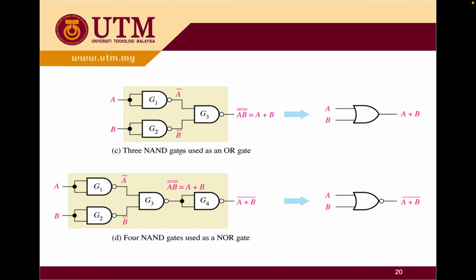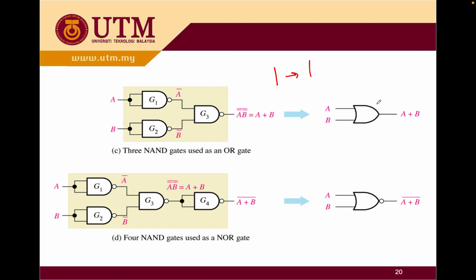After this, you're going to learn about the NOR gate. So please make sure you remember everything. One NAND gate can be represented as one NOT or one inverse gate. When you have two NAND gates, you get one AND gate. With three NAND gates, you get one OR gate.